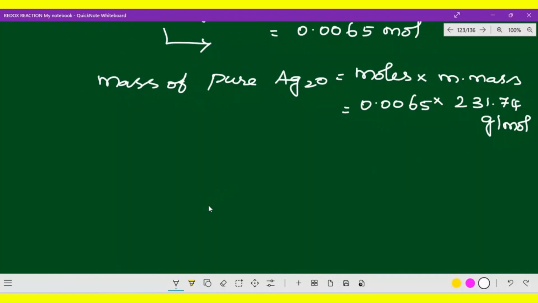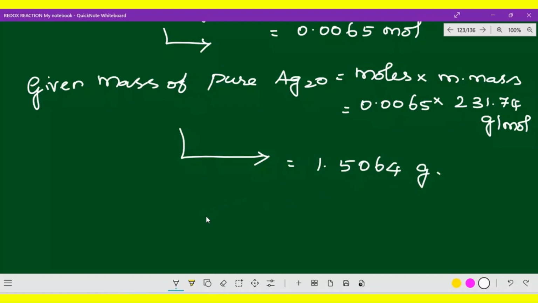Right, so what will you get when you calculate it? 1.5064 gram.